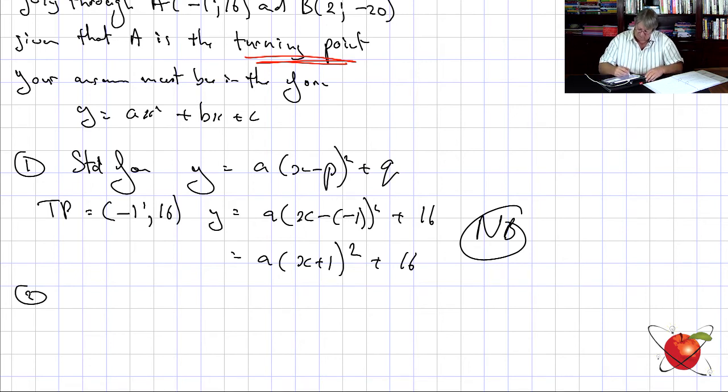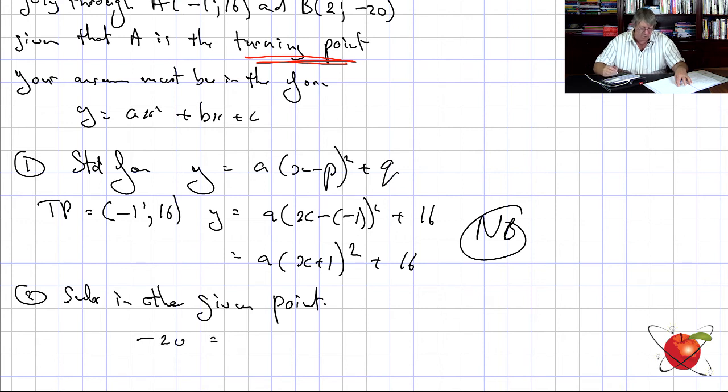Step 2. Substitute in the other given point. So y, they told me, y is going to be minus 20 equals a times, and they've given me x. x is 2, plus 1 all squared, and it's plus 16.